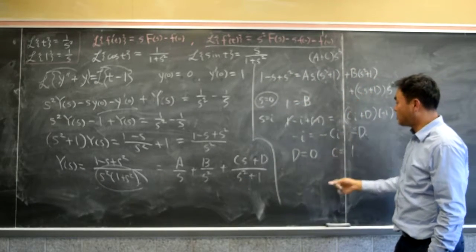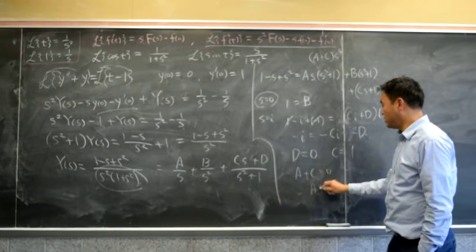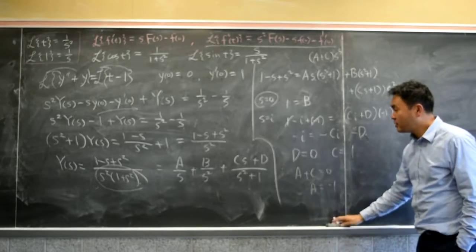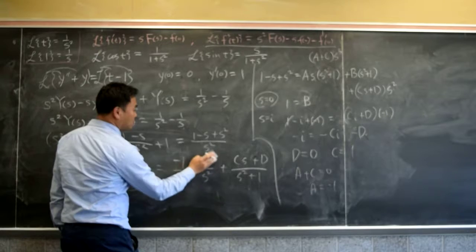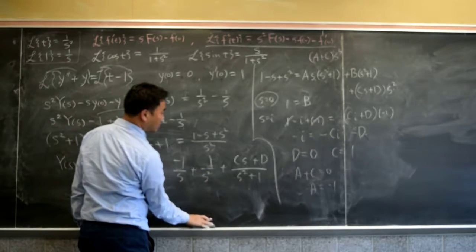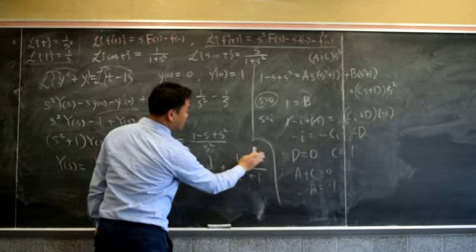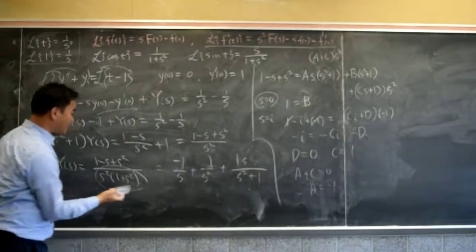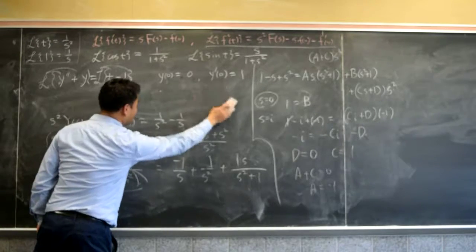So A plus C must be 0. So A must be minus 1. Now you're ready to plug in: A is minus 1, B is 1, C is 1, and D is gone.